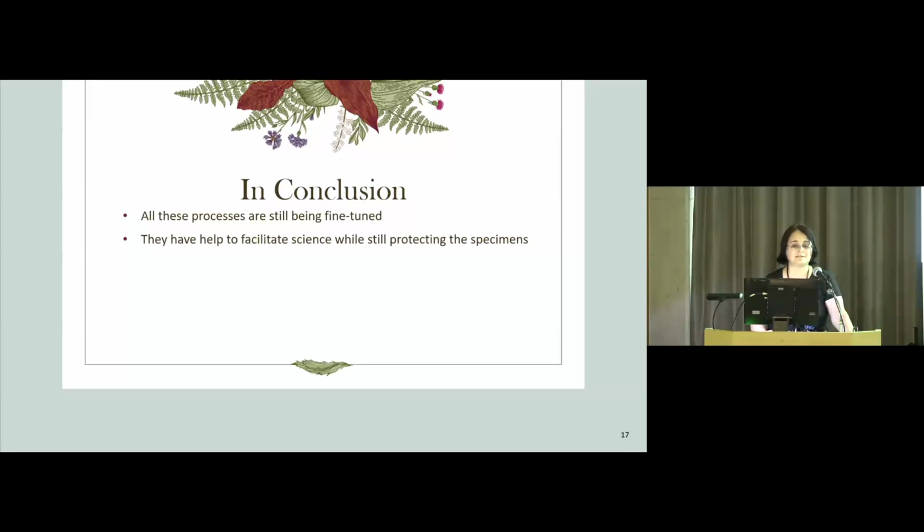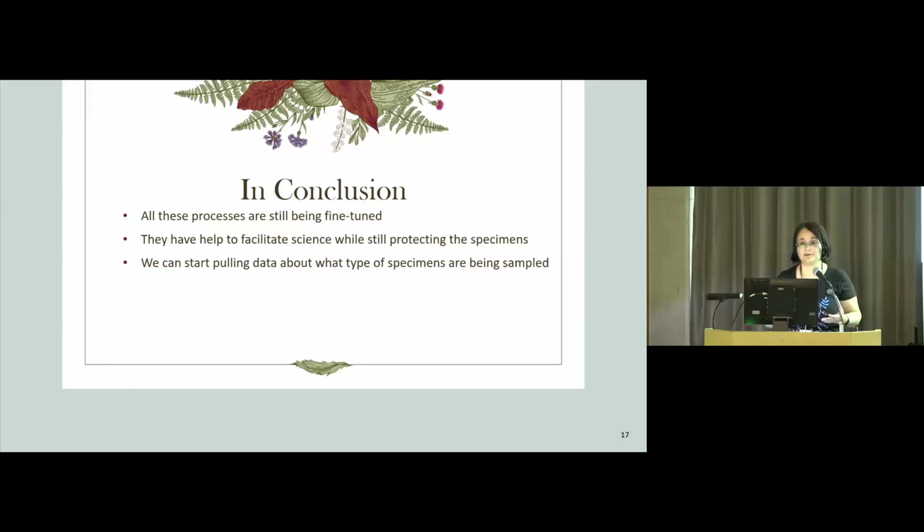They've helped facilitate science while still protecting the specimens. We're trying to prevent people from sampling 5, 6, 7 times. We can start to pull data about what types of specimens are being sampled. In the future, we could build our collections, like in Asteraceae, or maybe we need to build in other places because we don't have recent material.